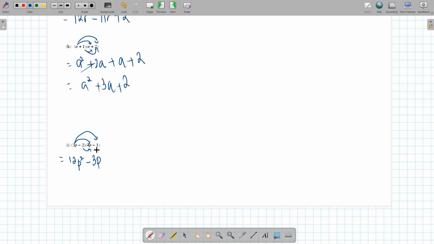Negative 2 times 4p, we get negative 8p. Negative 2 times negative 1, we get positive 2. So we get 12p squared, negative 3 minus 8, we get negative 11p plus 2. Alright?